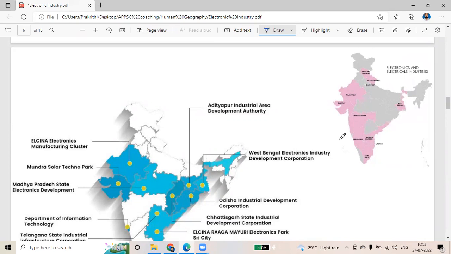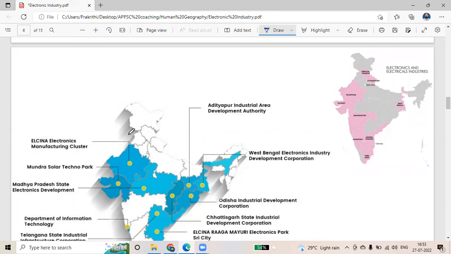The major states in production you can see in these areas: Kerala, this brown color, Telangana, Hyderabad region. Compared to this, we have production in Tamil Nadu, Karnataka, Andhra Pradesh, Maharashtra, Gujarat, Rajasthan, and in the northern region Himachal Pradesh, Uttarakhand, Delhi National Capital Territory region, and West Bengal. So the maximum electrical and electronic industries you can see in these states.